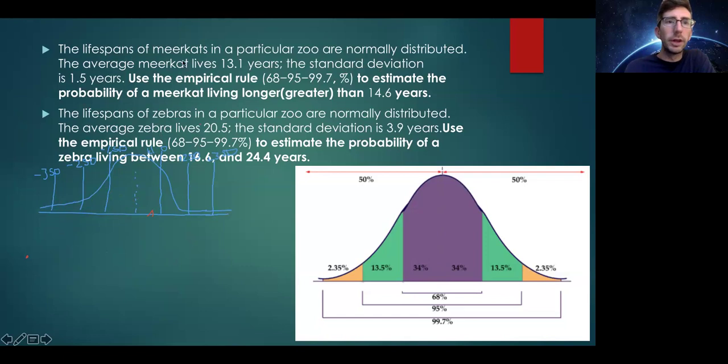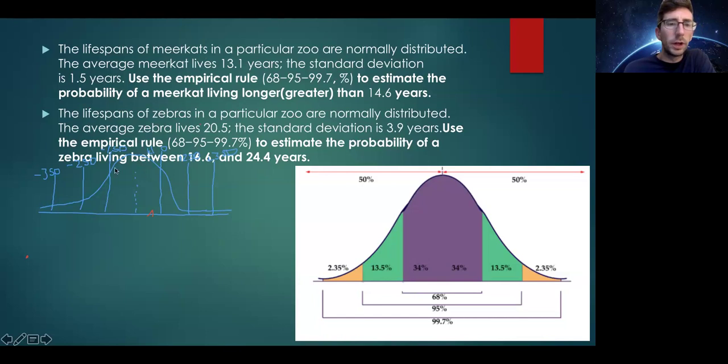But these meerkats have an average lifespan of 13.1 years with a standard deviation of 1.5 years, which makes sense, right? Meerkats probably live different lengths than gorillas do.